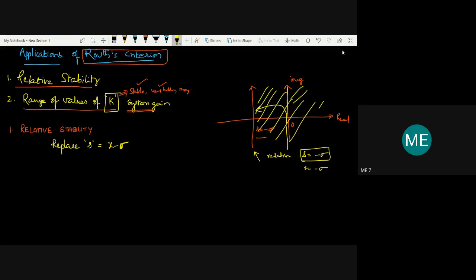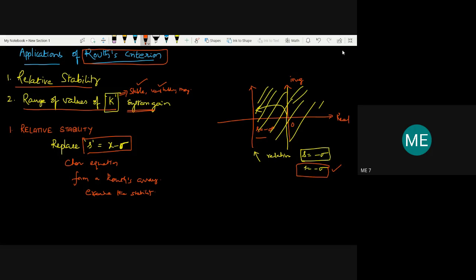So replace S with x minus sigma and find the characteristic equation, then form a Routh array. After forming the Routh array, we know how to evaluate the stability of a system, so examine the stability of the system. That will give the relative stability with respect to S equal to minus sigma.